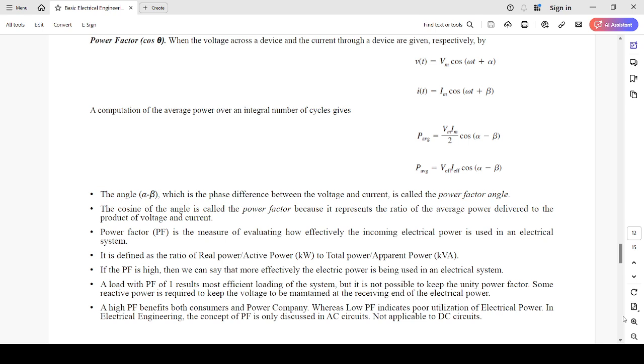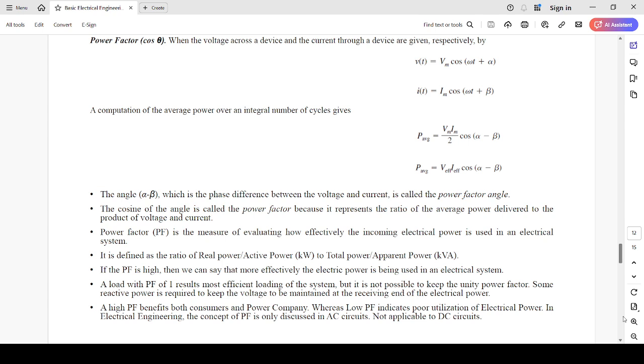If you calculate the average power over the number of cycles, by multiplying small v and i, you will eventually get the final formula Vrms into Irms cos alpha minus beta. In this formula, alpha minus beta is known as the phase displacement between the voltage phasor and the current phasor. When you take the cosine of this angle, it becomes the power factor. This alpha minus beta is also known as the power factor angle.